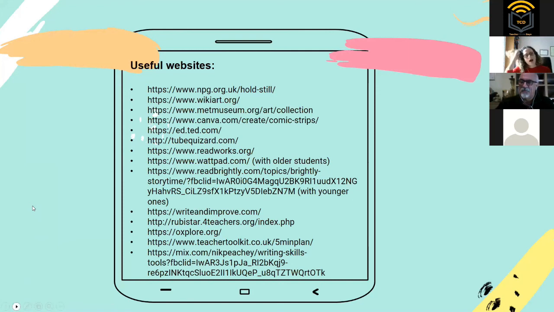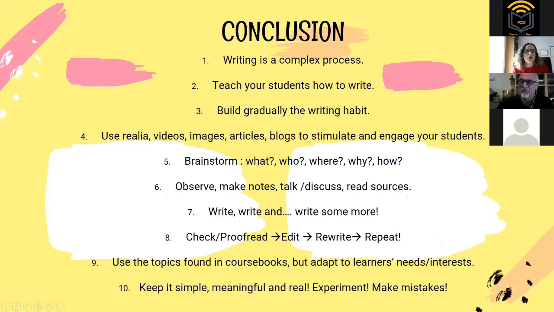So, writing is a complex process, and it is imperative that we teach our students how to write. And of course, my first tip and my first advice is that we should gradually build the writing habit. Do not wait for your students to reach B1 or B2 level before reminding yourselves that you have to teach writing as well.